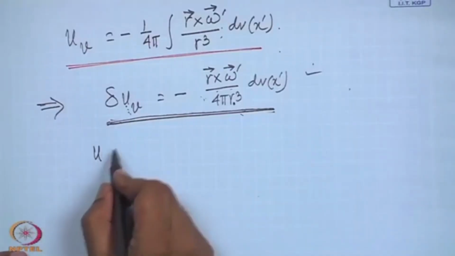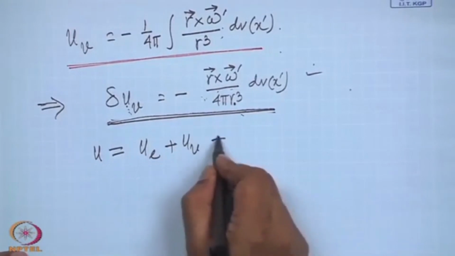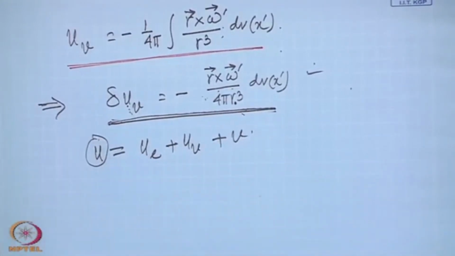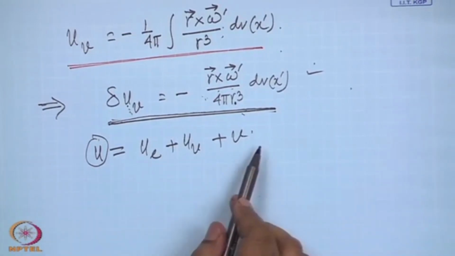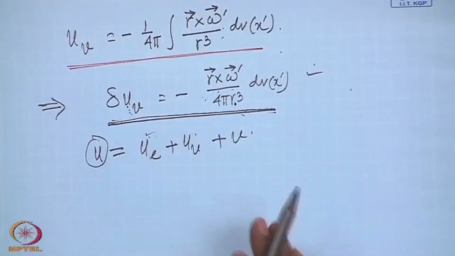So, the third contribution, which we initially denoted by, if you look at that first relation that we wrote, u equal to u e plus u v plus v, and we know that u is associated with a specified rate of expansion and a specified vorticity, and that part, u e and u v, we have already evaluated.